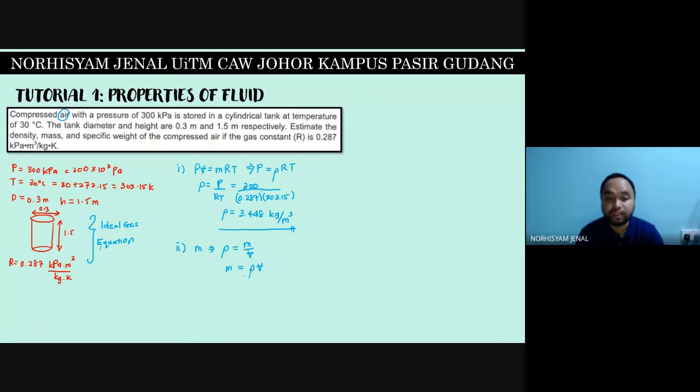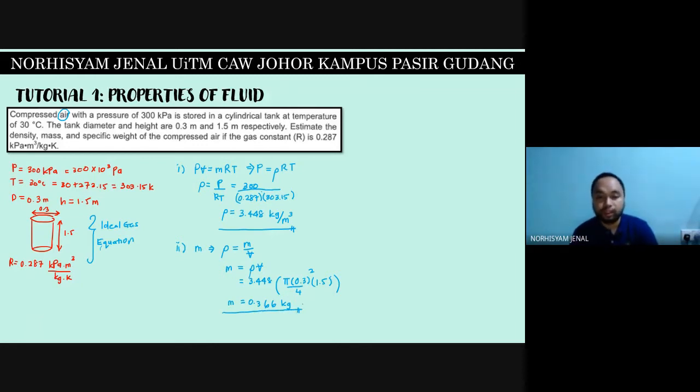We have the density equal to 3.448, and the volume is pi times 0.3 squared over 4, multiplied by the height 1.5. So the mass will be 0.366 kg.